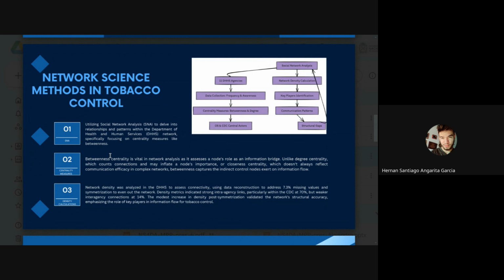So this network is in the first place a directed network, but they applied a technique called symmetrization, which involves converting a directed network into an undirected one, ignoring the direction of connection between the nodes, because this process is useful for simplifying analysis and focusing on the presence of relationships.